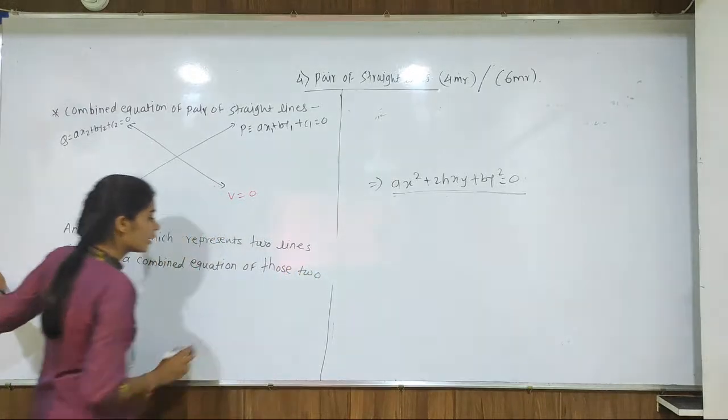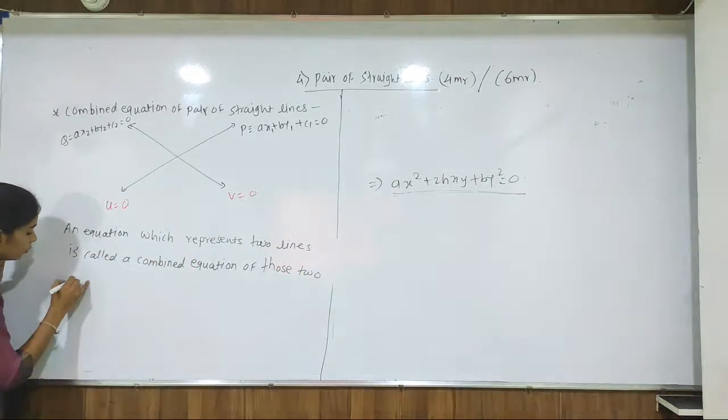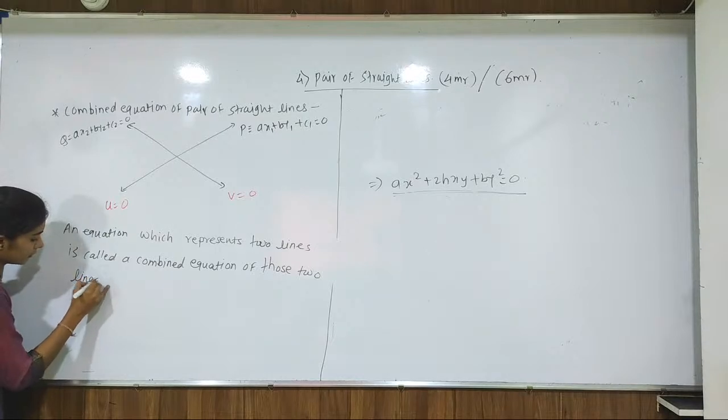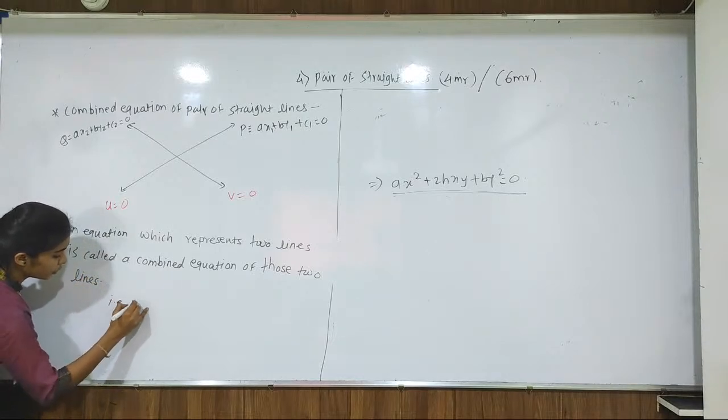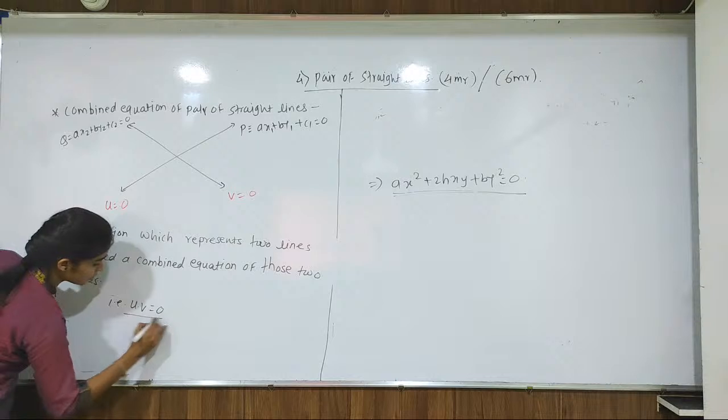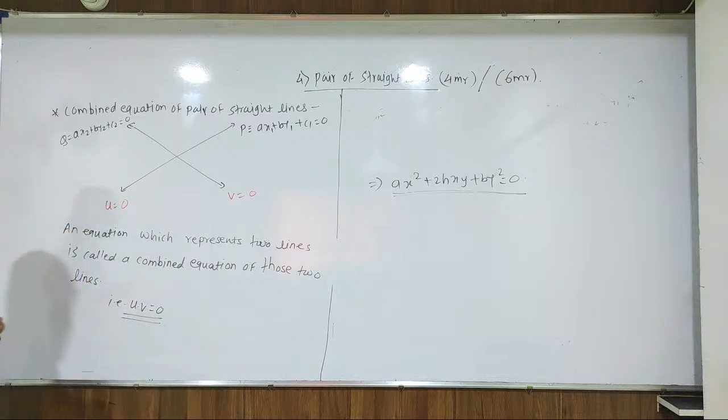That is, u into v is equal to 0. u into v is equal to 0.